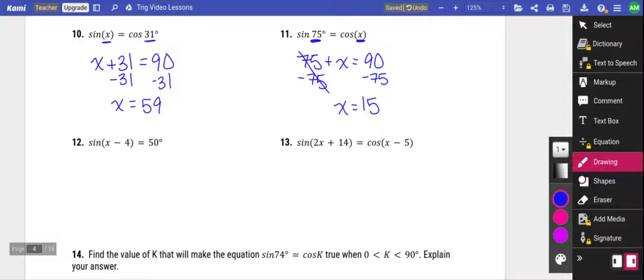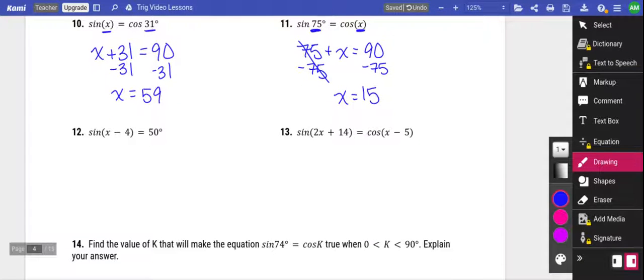12 and 13 get a little bit harder. Let's see. Sine of x minus 4 is equal to, this should say the cosine of 50. So the sine of x minus 4 is equal to the cosine of 50. Well, these two together should be equal to 90.